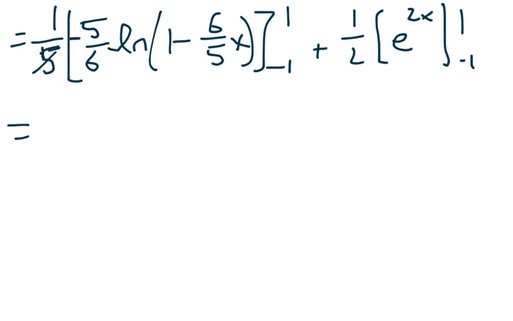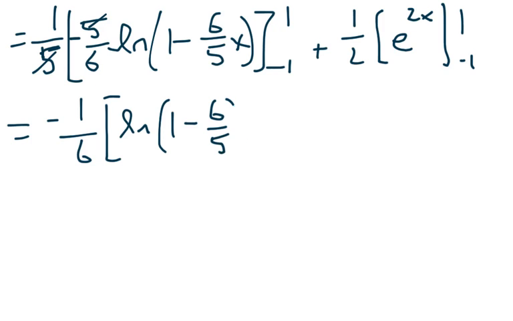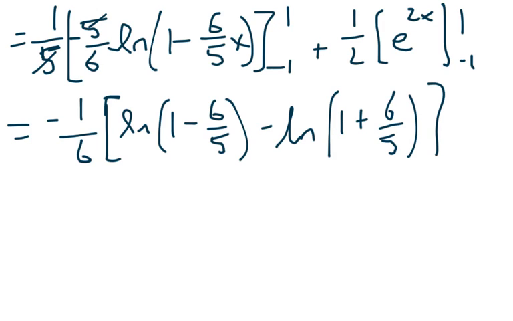So I'm going to cancel these out, and this becomes a minus 1 over 6. And I have ln of 1 minus 6 over 5 minus ln of 1 plus 6 over 5, plus 1/2 e to the 2 minus e to the minus 2.